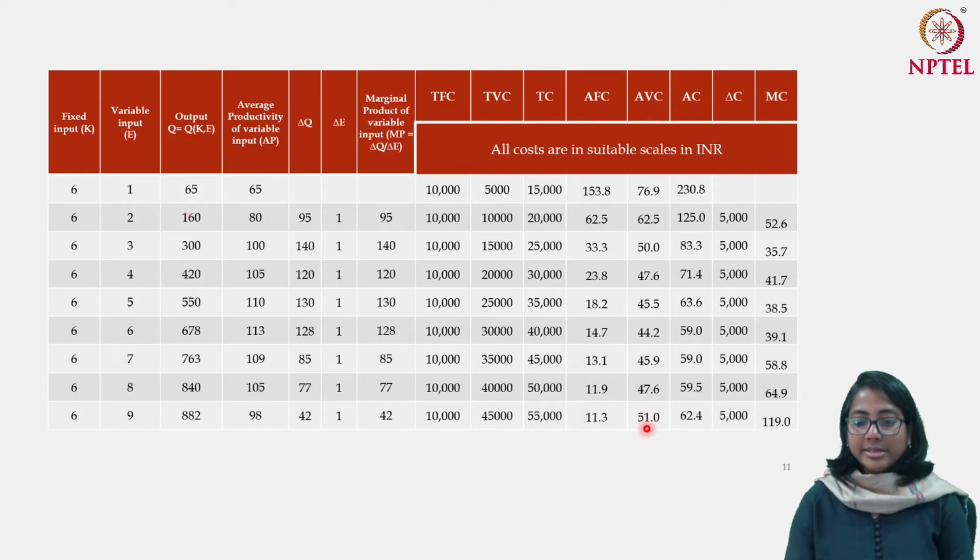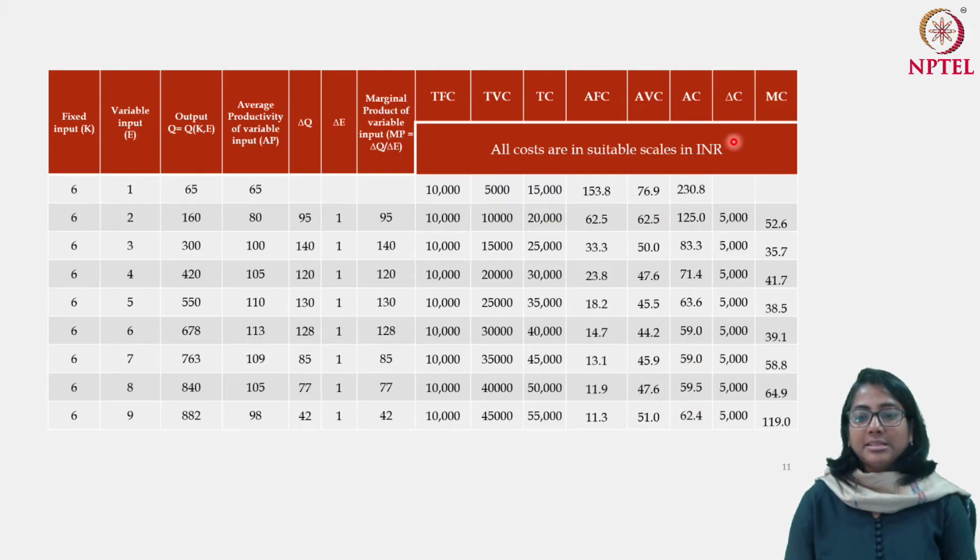If you look at the last entry, that is 51 as the average variable cost, here we are dividing 45,000 by 882. So when we look at the average cost, this is nothing but the summation of average fixed cost and average variable cost. So 230 comes as a result of addition of 153.8 and 76.9. Similarly for the rest of the entries.